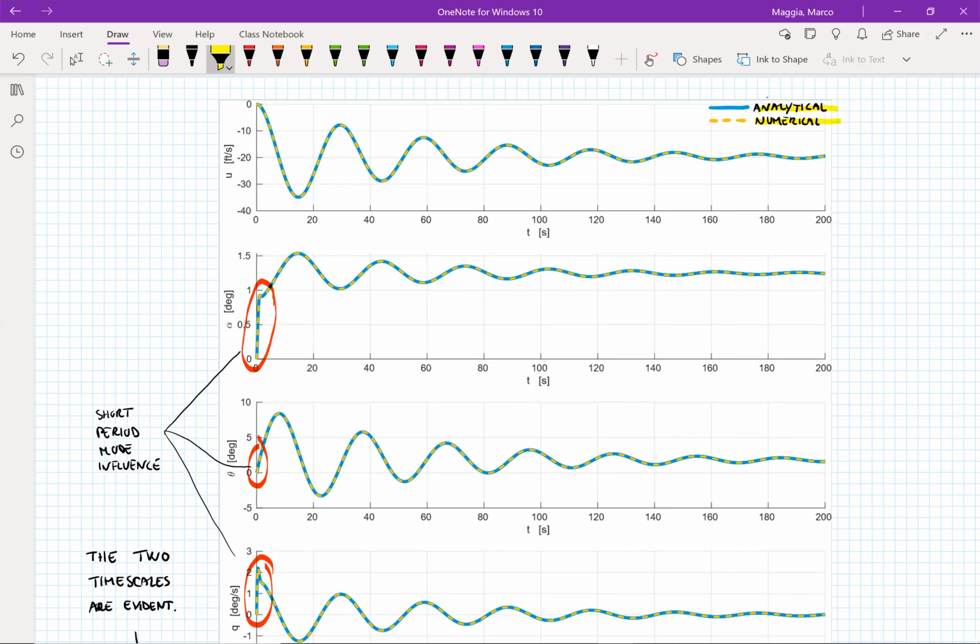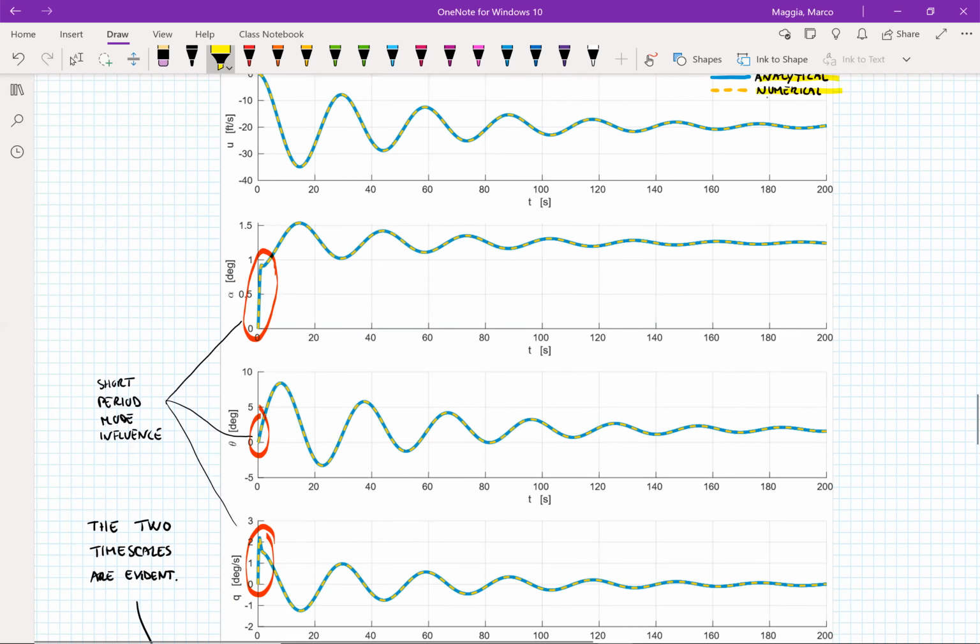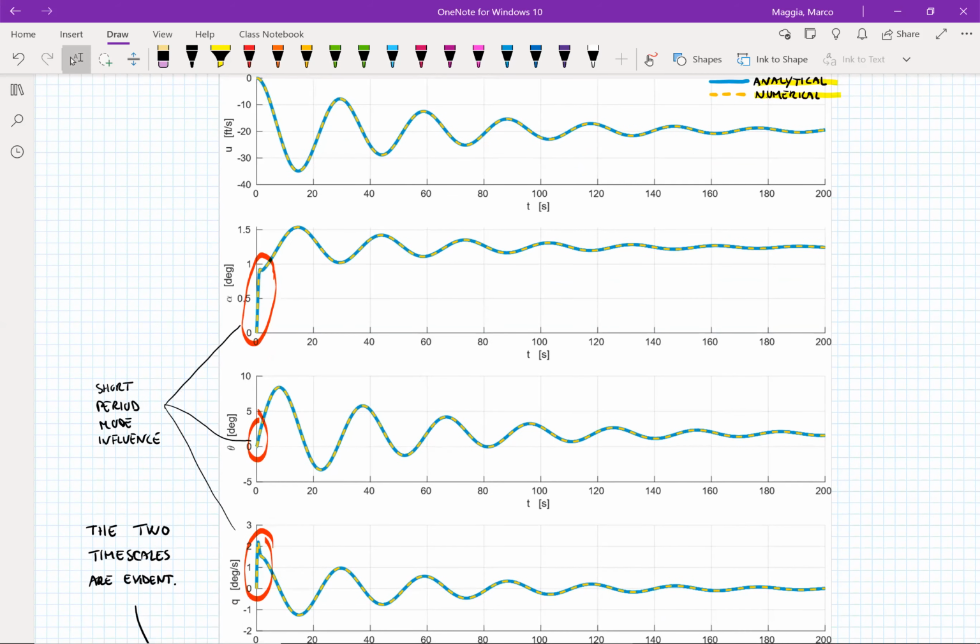In fact, when we look at the time history for the angle of attack, then the pitch angle and the Q rate, we have in the beginning the effect of the short period mode.